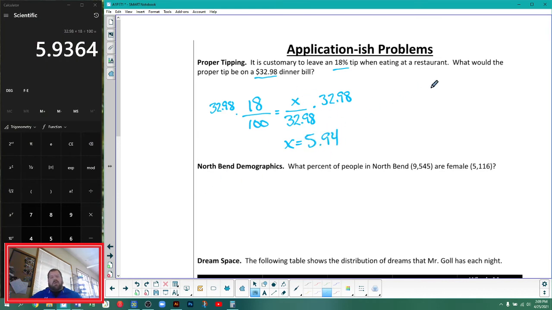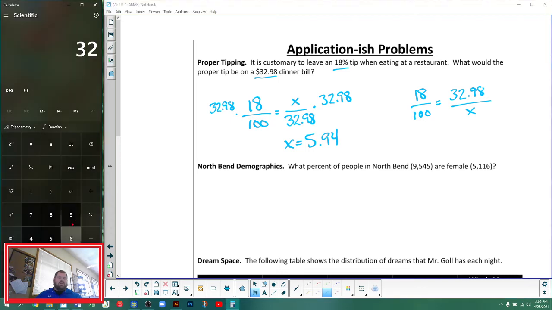If you do it the wrong way, it would be putting it this way. Because we were pretty sure that 18% was the percentage. But if you do it this way, you're going to get 3298 and then divided by 18. You're going to get that the tip is $183. I don't think you need to spend that much to go out to dinner.